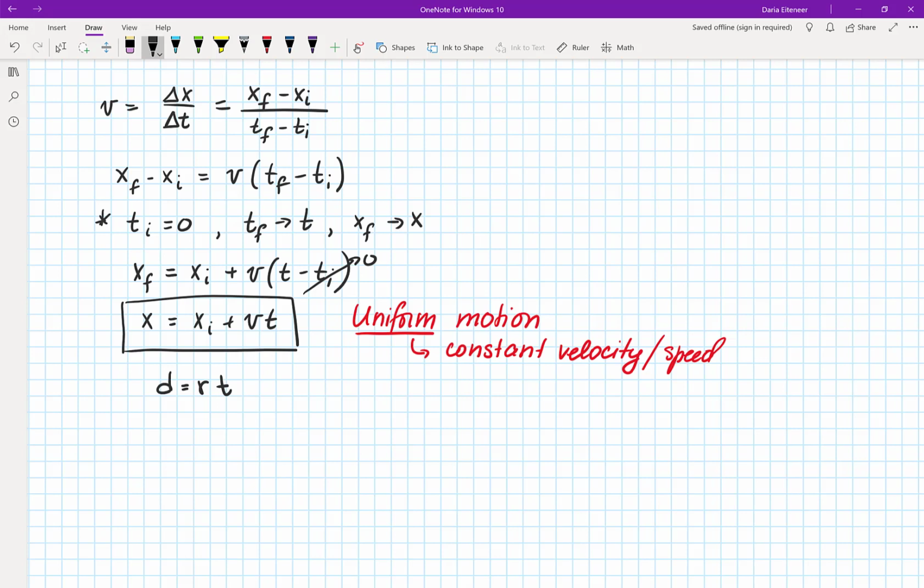So you've seen this equation before. There is absolutely nothing wrong with this equation, and it's perfectly valid, perfectly usable, except it has to deal with uniform motion. So this is not a general equation, right? A general equation would allow us to account for non-uniform motion, for situations where velocity is changing.